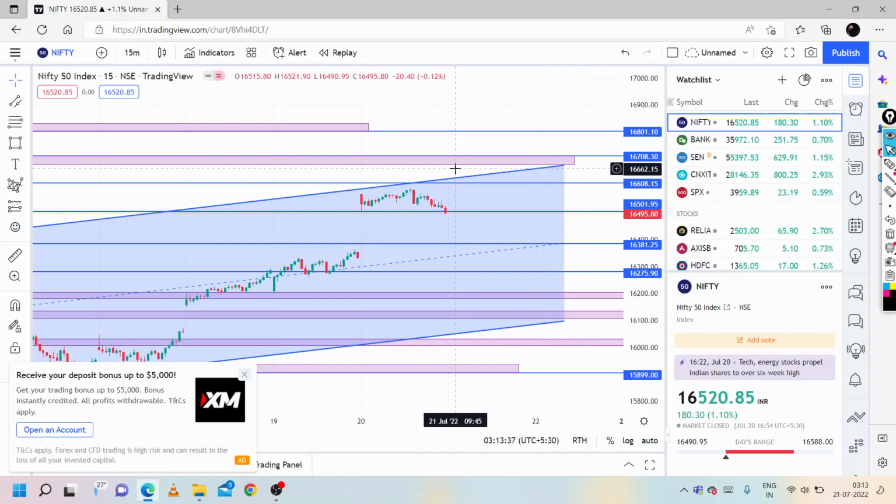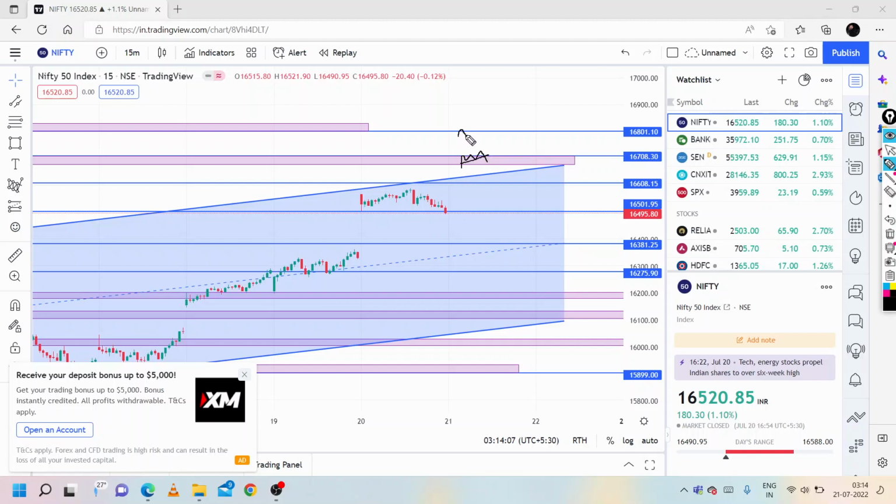Now, what happens if it opens with a gap? See, as I said, I am very bearish. Even if it opens gap up, at any point below 16,600 or 16,800, I'll be looking for a shorting opportunity. Suppose the market opens somewhere over 16,600, comes over here, and forms a double top or a head and shoulders or some sort of rejection pattern.